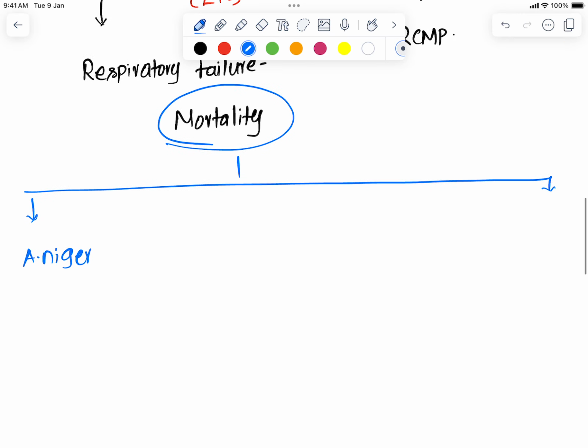This Aspergillus niger is the one which will cause angioinvasive mycetoma.